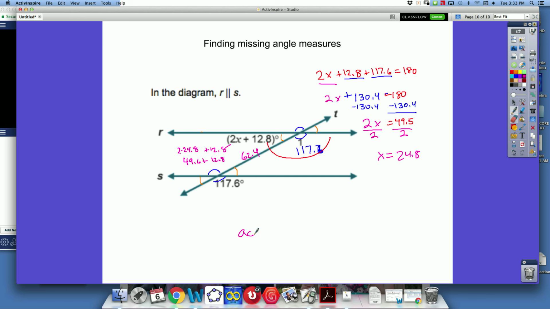So all of the acute angles are going to equal 62.4, and all of the obtuse angles will equal 117.6. And if we check it and add those two together, it should equal 180, since one acute plus one obtuse has to equal 180.